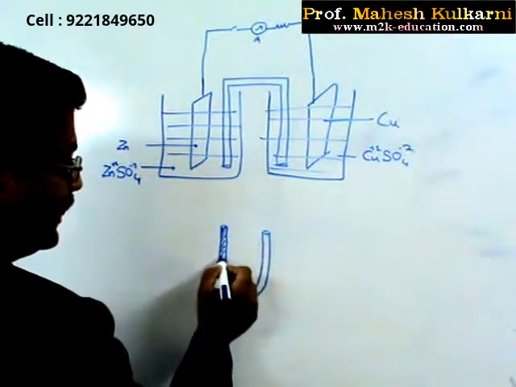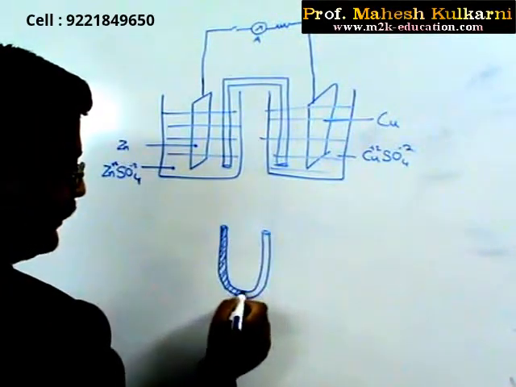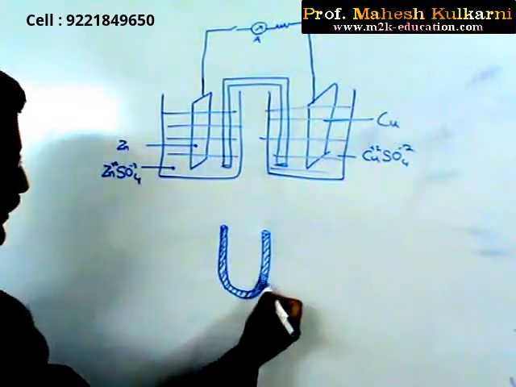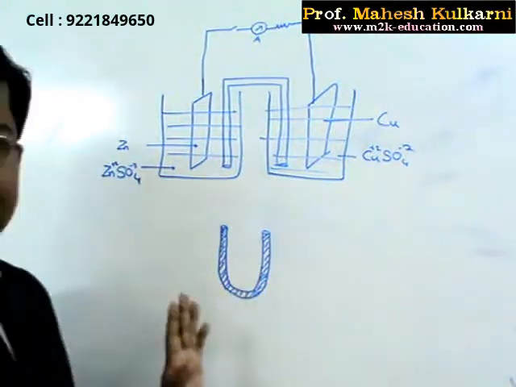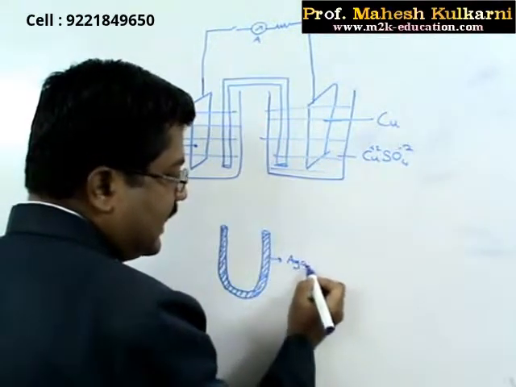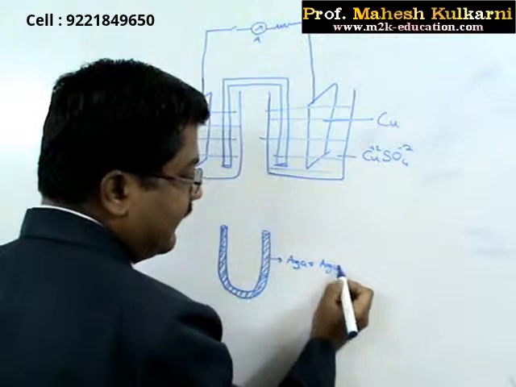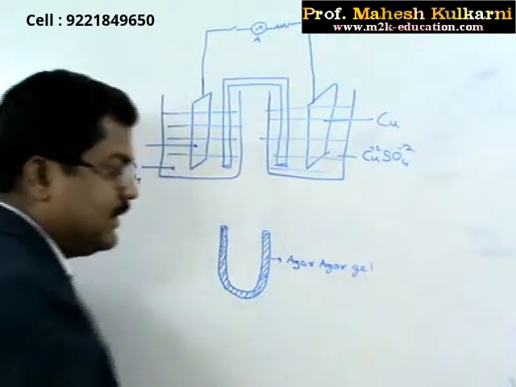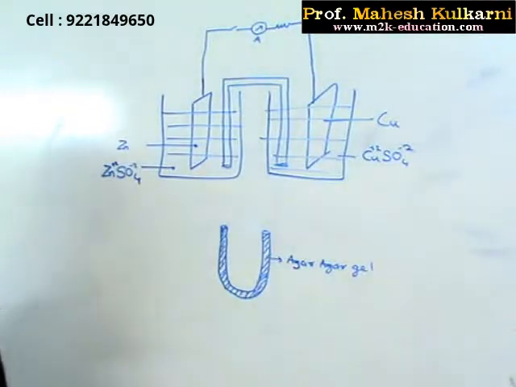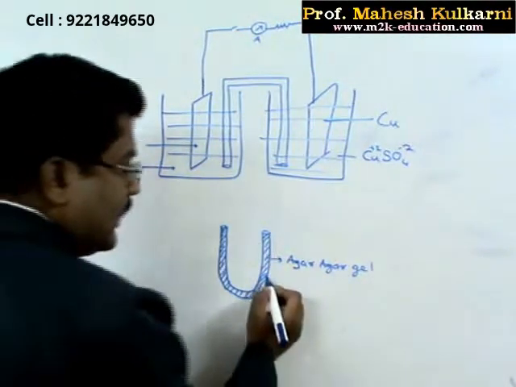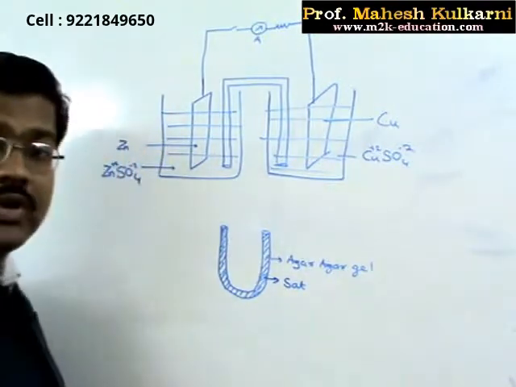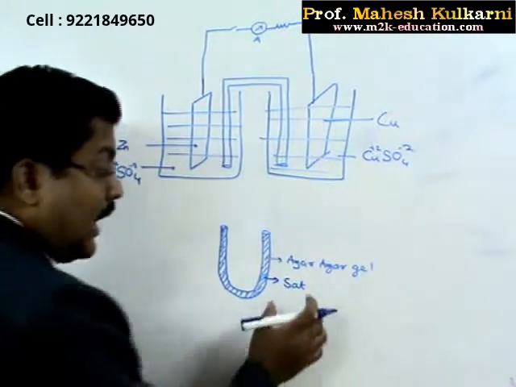This is filled with a gel. You are aware of the substance called gel, a paste-like substance, that is agar gel. So this is filled with agar gel and a saturated solution, saturated meaning no more salt can be dissolved in that solution.